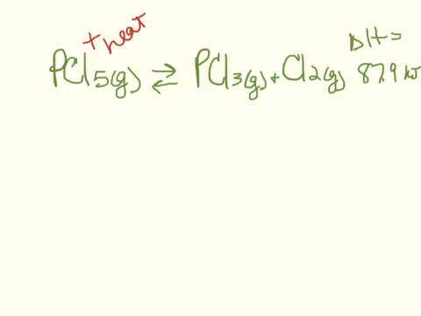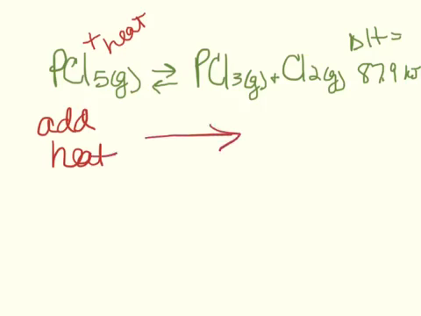In other words, if I add heat, then equilibrium is going to shift toward the formation of products because it's an endothermic reaction. Heat is the only thing, though, that will actually change the value of K in an equilibrium reaction.